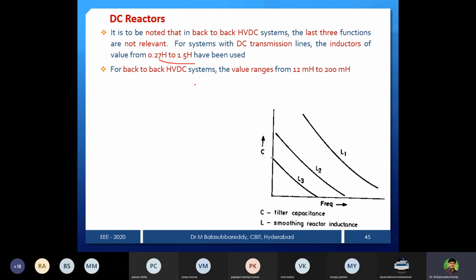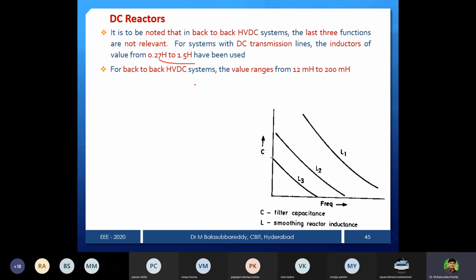That's why a dead short circuit will happen. Whereas in a current source inverter, a large inductor or reactor is connected in series with the supply, so the impedance offered by the source is large. In a voltage source inverter, the impedance offered is less or negligible.